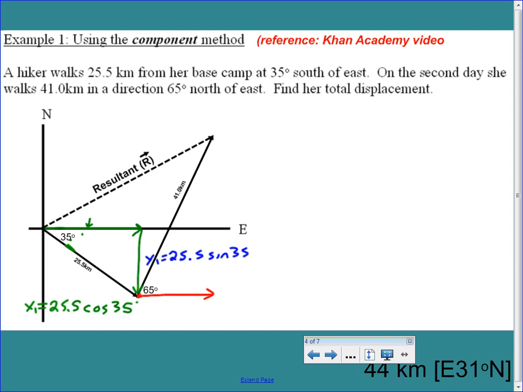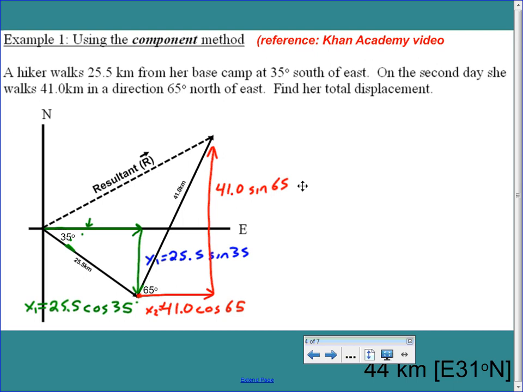So this, again, is the adjacent to that angle. So it's going to be, let's call this x2, 41.0 cos 65. And the vertical component is going to be 41.0 sine of 65.